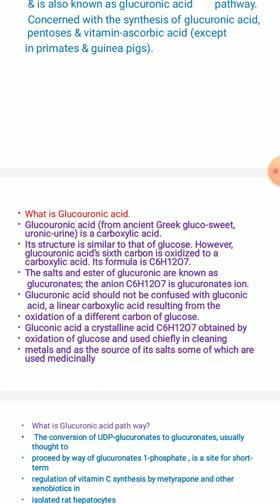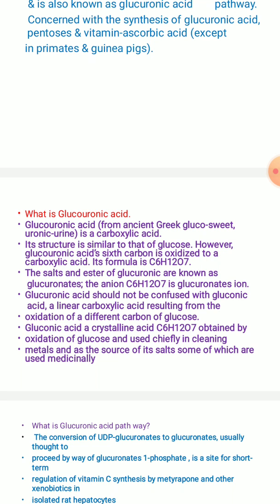Its structure is very similar to that of the glucose molecule. However, the sixth carbon atom of glucuronic acid is oxidized to a carboxylic acid.